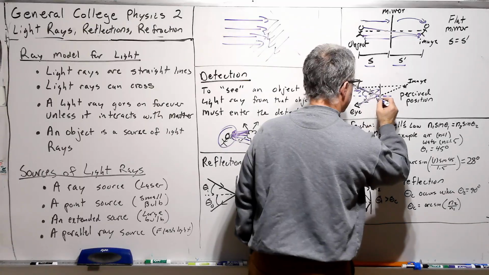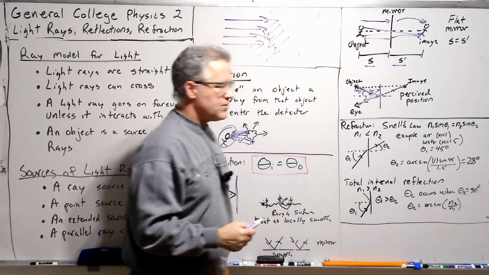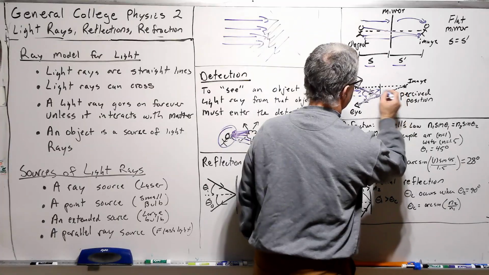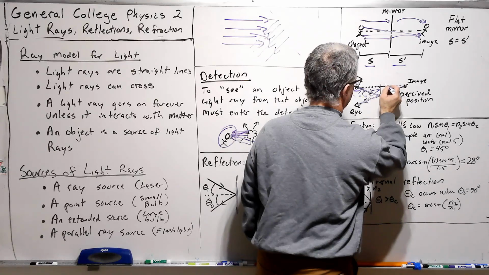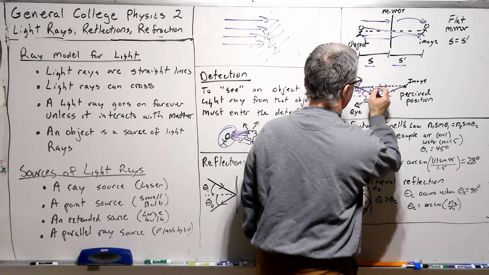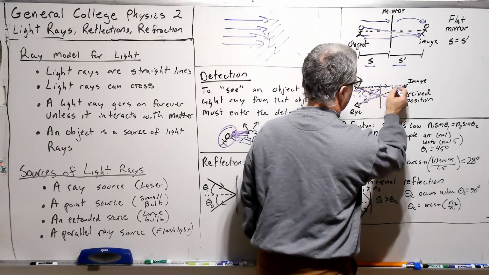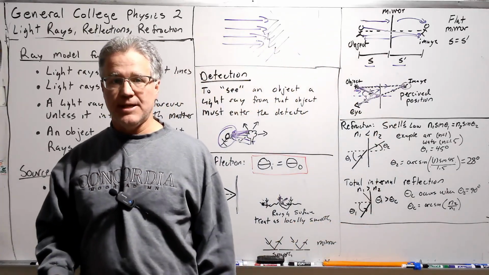Now, what we do is we extend this ray as what's called a virtual ray, and we extend this ray. So we take a ray that's coming out, not coming to us, but coming straight back to that object, extend that out, and where they cross is where that image will be.